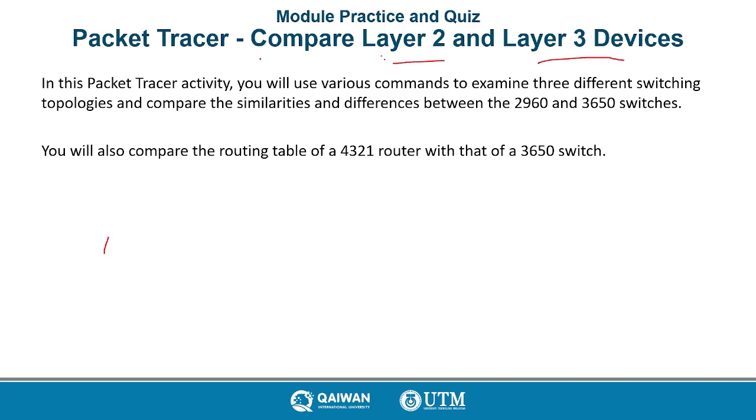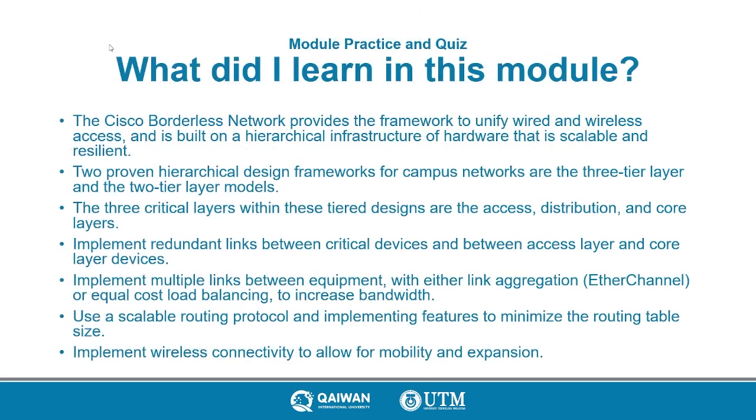Layer 2 means switches; we have two layers, switch layer 2, switch layer 3, and so on. And here we have the module practice and quizzes on what we have learned, like borderless networks and hierarchical design, access layer, core layer, distribution layer, and so on. Make sure to read these also, and I wish you the best.